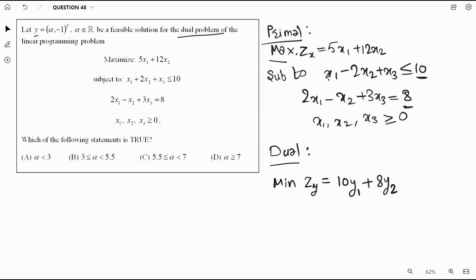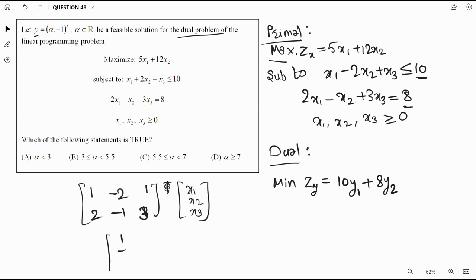So basically we have to take the transpose of the constraint matrix. Now in the constraint matrix, in the first column we write the coefficients of x1, the second column is the coefficients of x2, and the third is that of x3. So take the transpose of this, and this is into x1, x2, x3, right? So we take the transpose, we get 1, minus 2, 1.